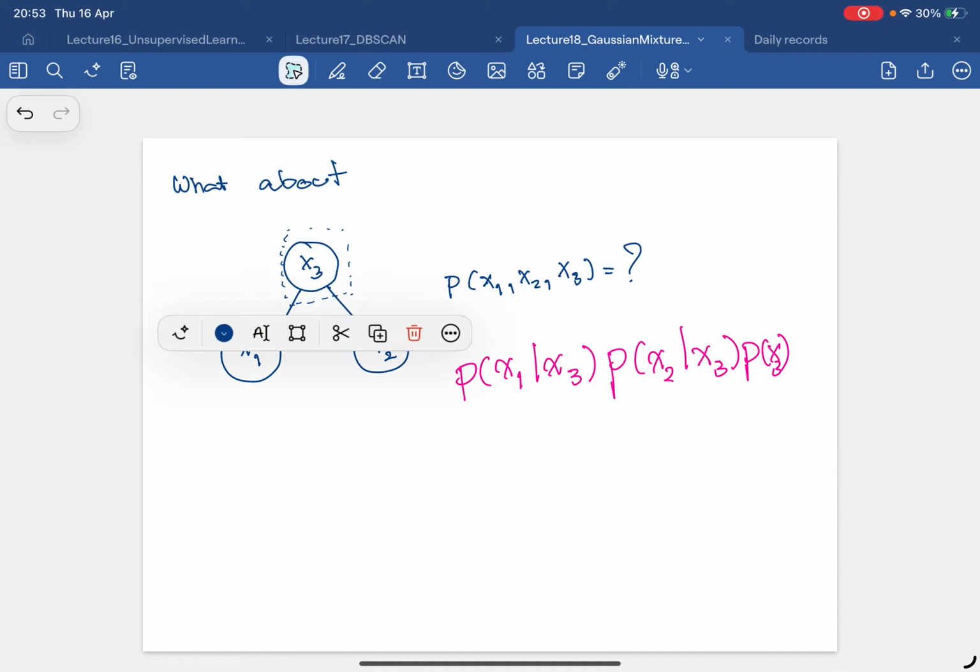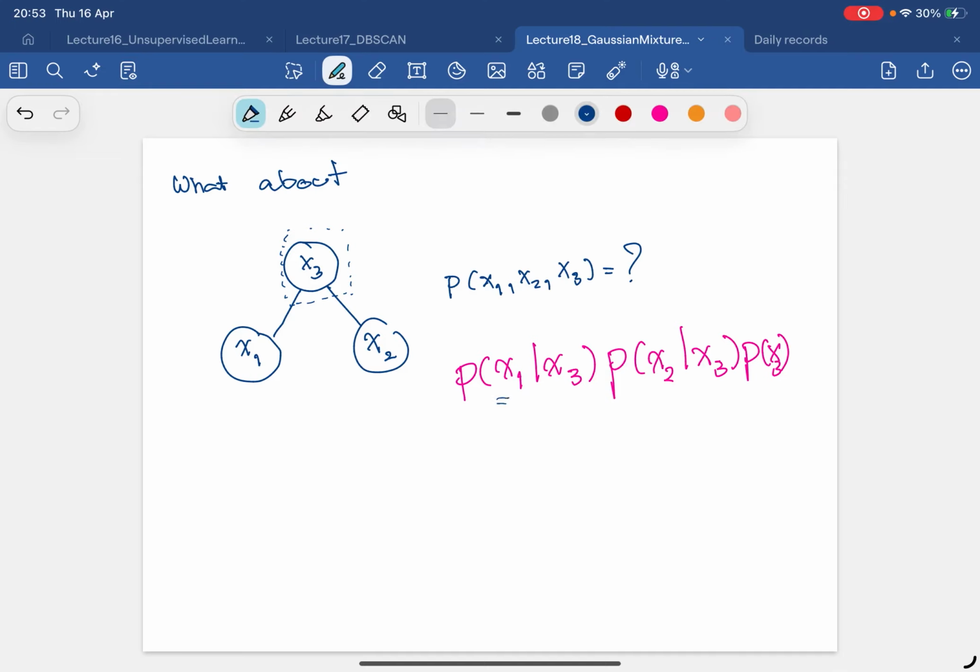This is how we represent the conditional distribution. So the joint distribution here can be simplified as p(x1 given x3) times p(x2 given x3) times p(x3), all together equal to the joint distribution. That means you can separate x1 and x2 from one another.